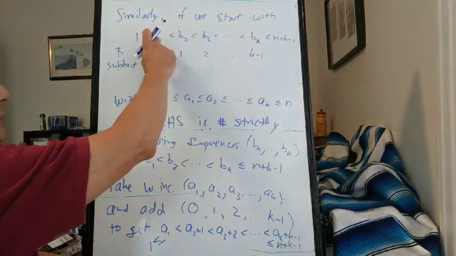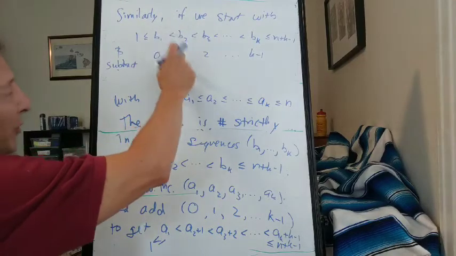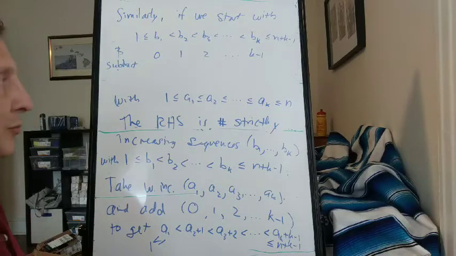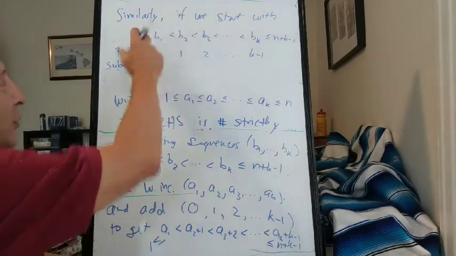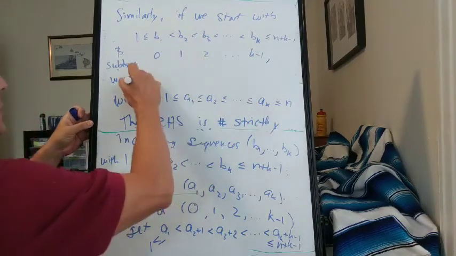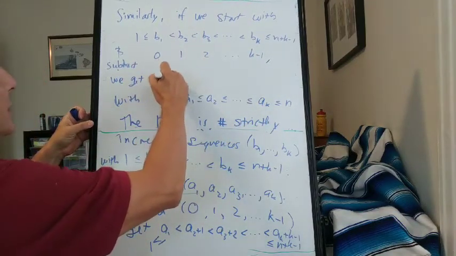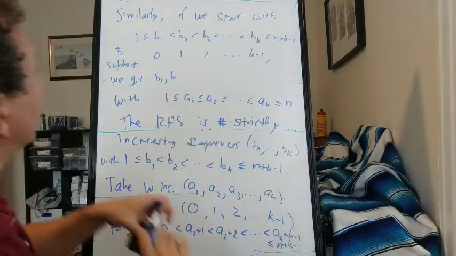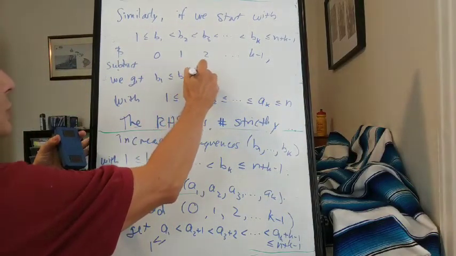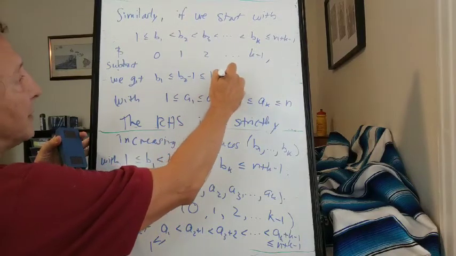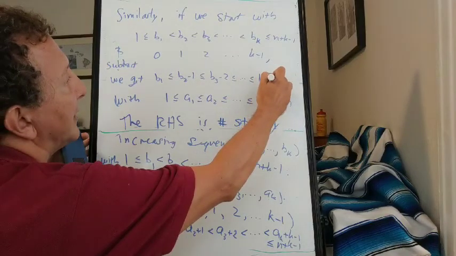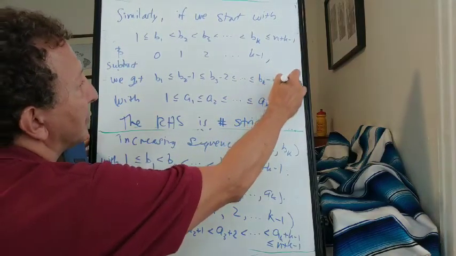B2 is strictly greater than B1, so if we subtract 1 from it, at worst they could be equal. But B2 is not going to end up being less than B1, because it was at least 1 greater. So we get B1, which is less than or equal to B2 minus 1, which is less than or equal to B3 minus 2, etc., up to BK minus (k minus 1).